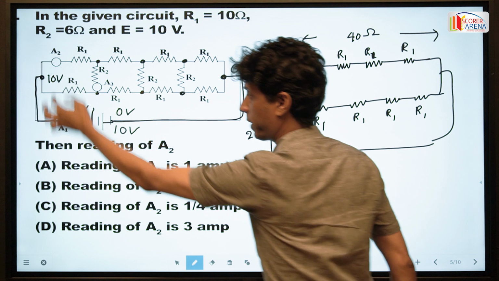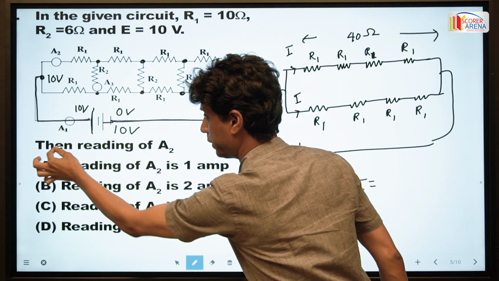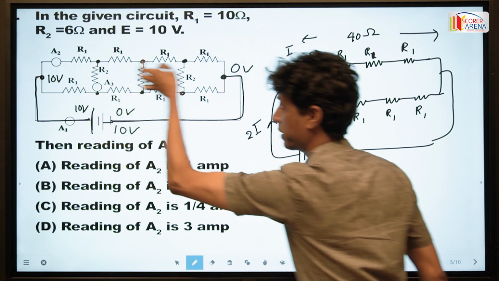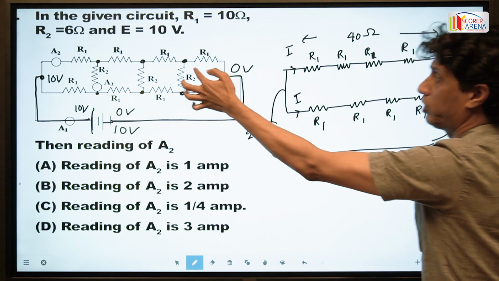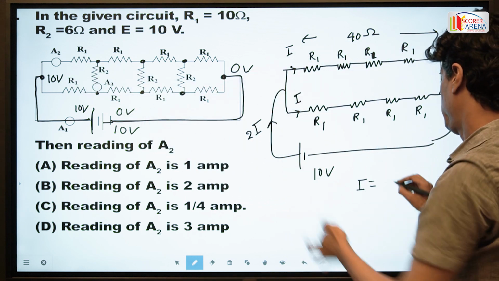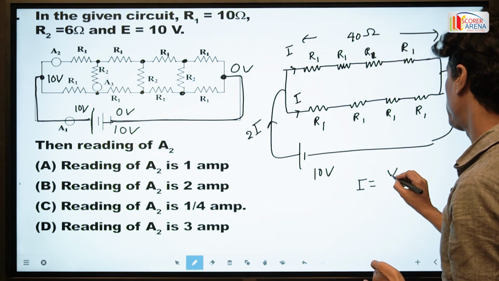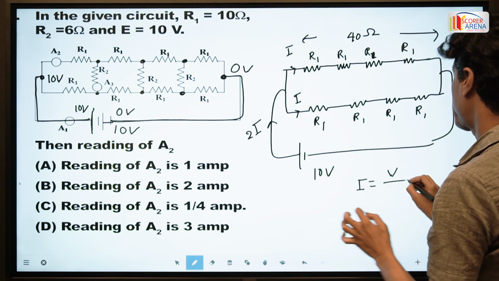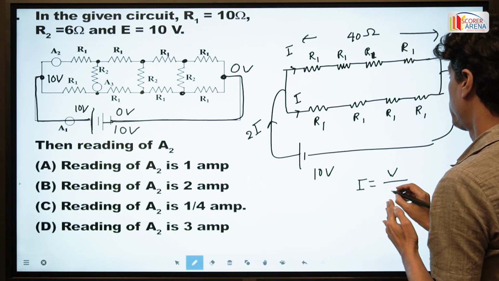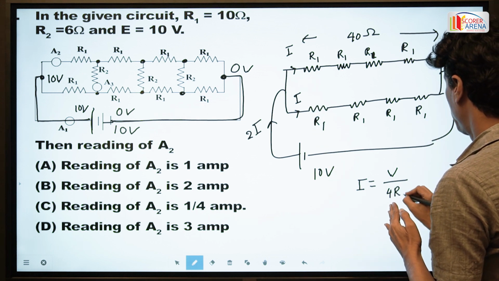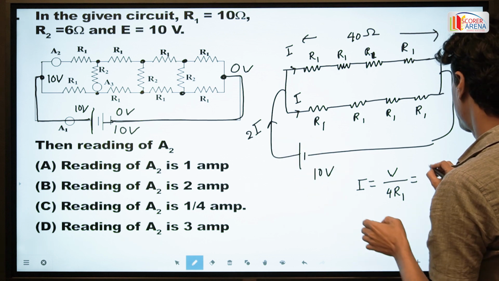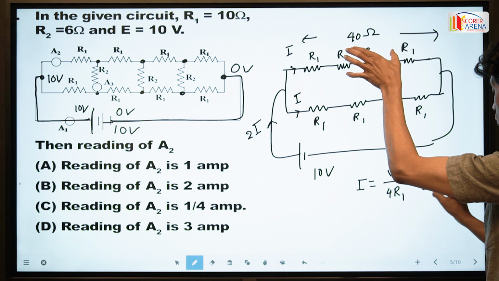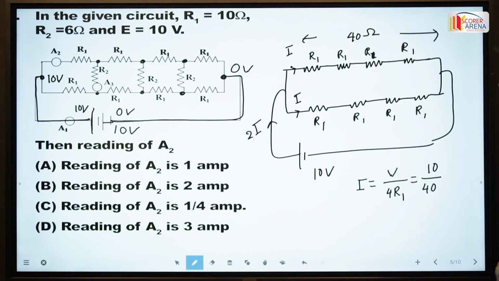Since we have to find the reading of ammeter 2, which is connected in the upper branch, the current through this branch is V divided by the equivalent resistance, 4R1, which is 40 ohm.